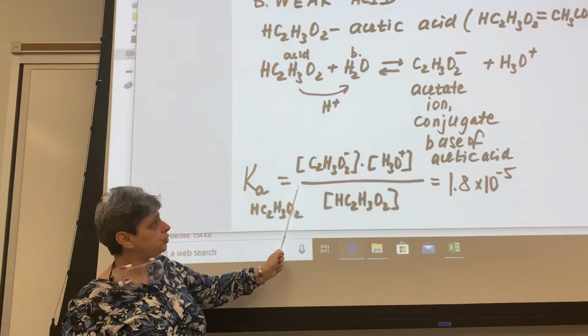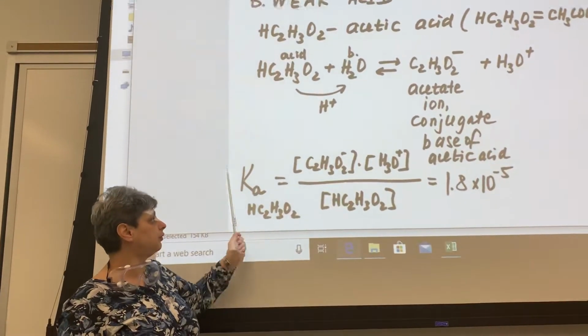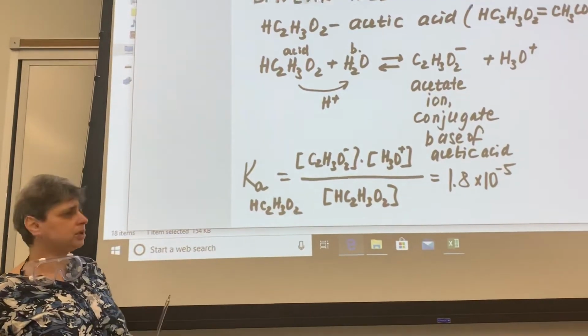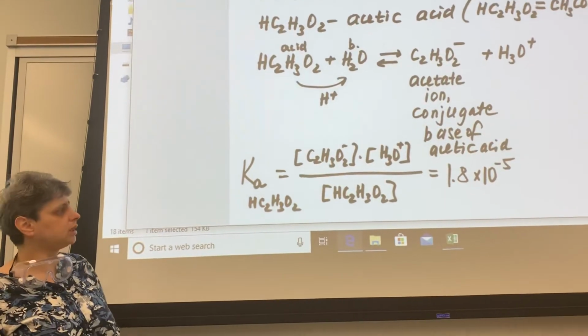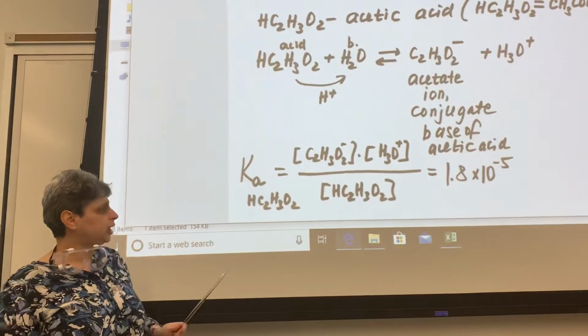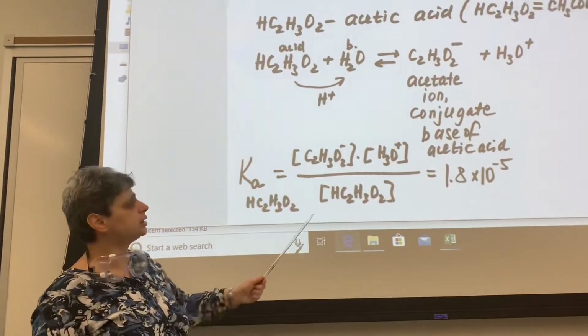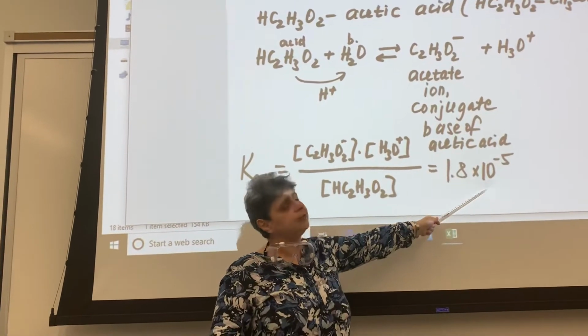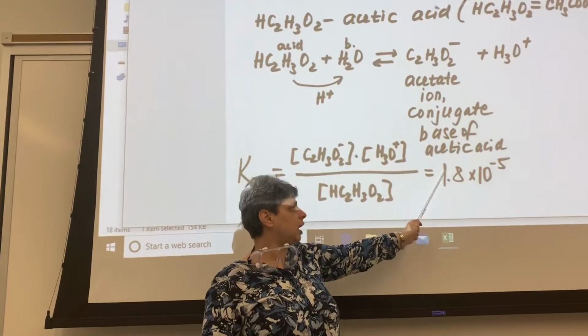But what I wanted to emphasize here is that if Ka value is found in literature, it's something you can easily look up in a special table that lists values for Ka for various weak acids. The value you would find would be 1.8 times 10 to the negative fifth. So think about it.